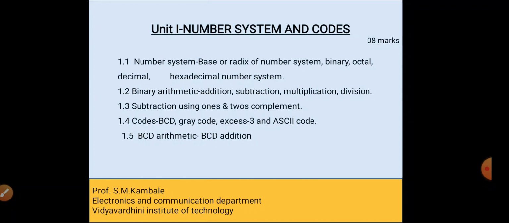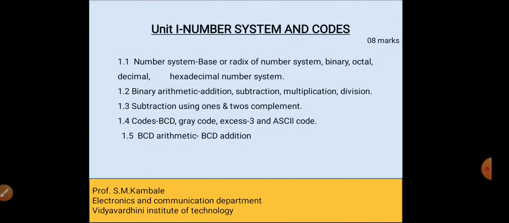In a simple manner we will remember this: gray code is nothing but an XOR operation. When the inputs are different, like 0 1 or 1 0, then the output is 1. When the inputs are the same, like 1 1 or 0 0, then the output is 0. Then XS3, in which we will add the number 3 to the particular code.